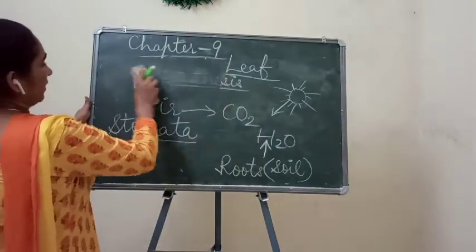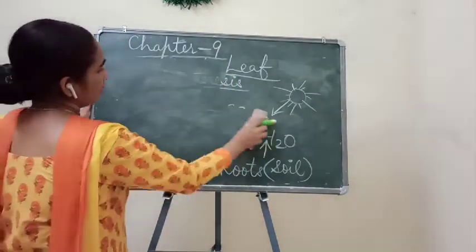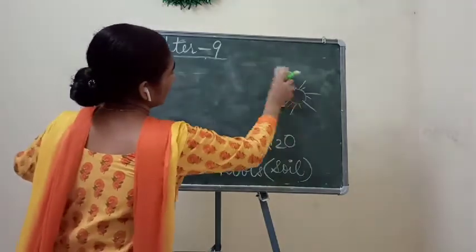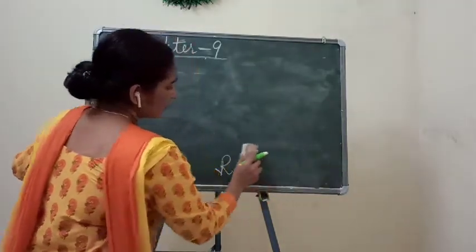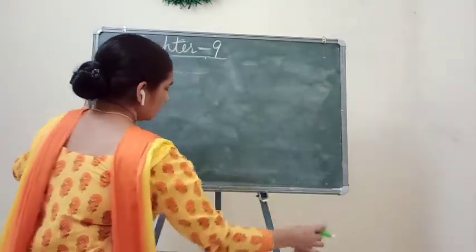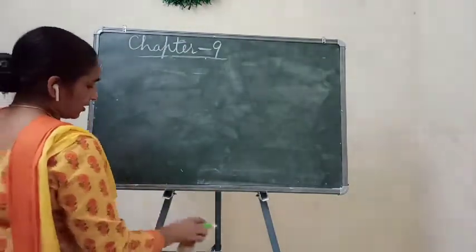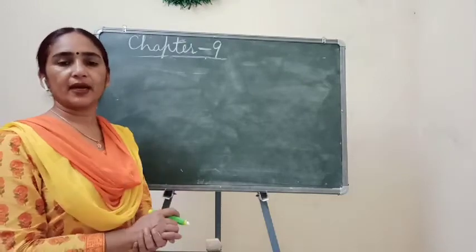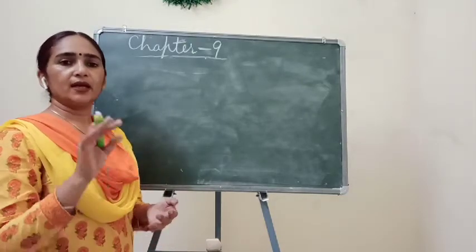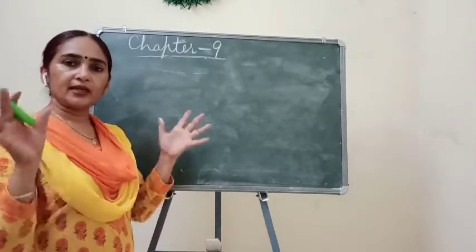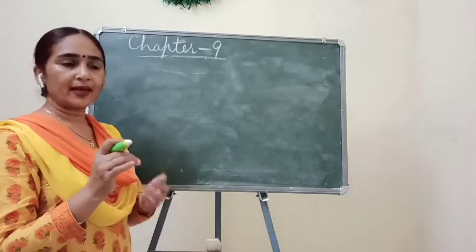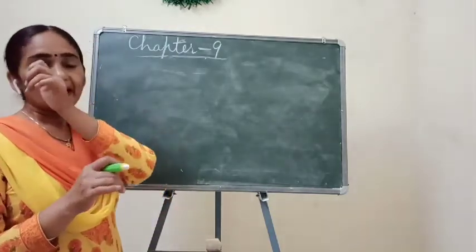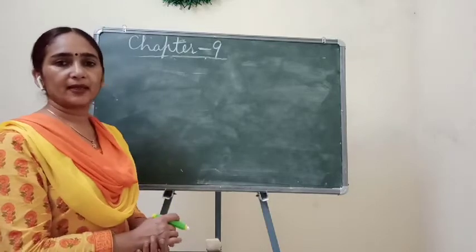we will study the parts of a leaf. You must have seen many different kinds of leaves. Children, there is a variety of leaves in the environment, and in different plants different types of leaves are there.